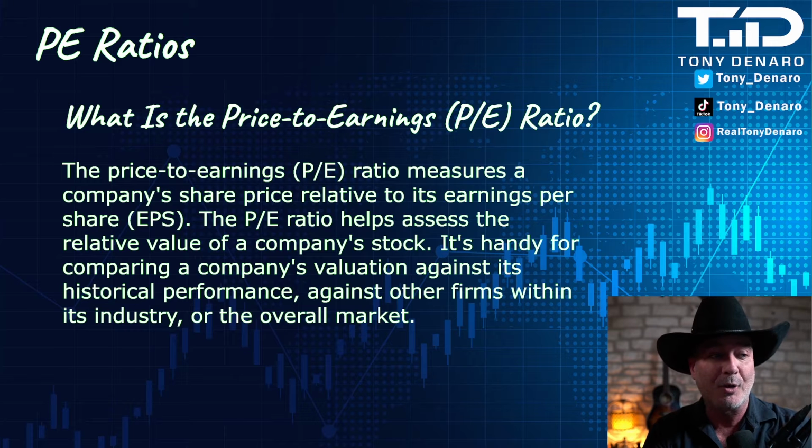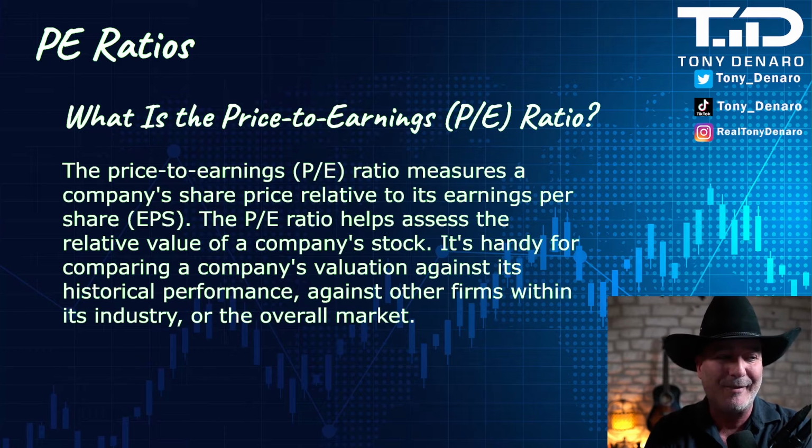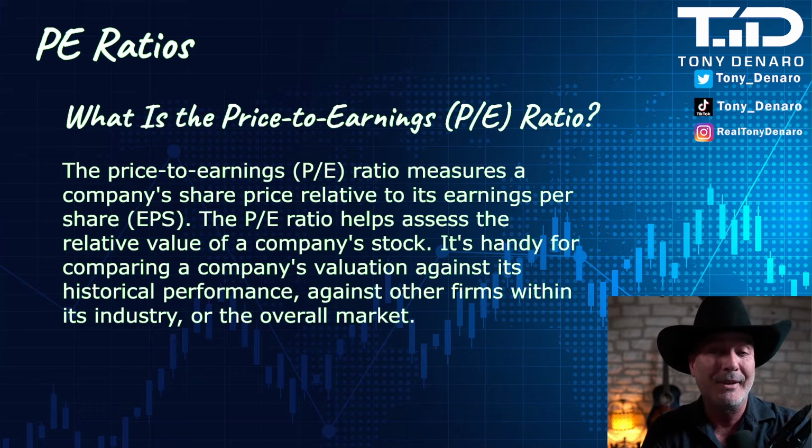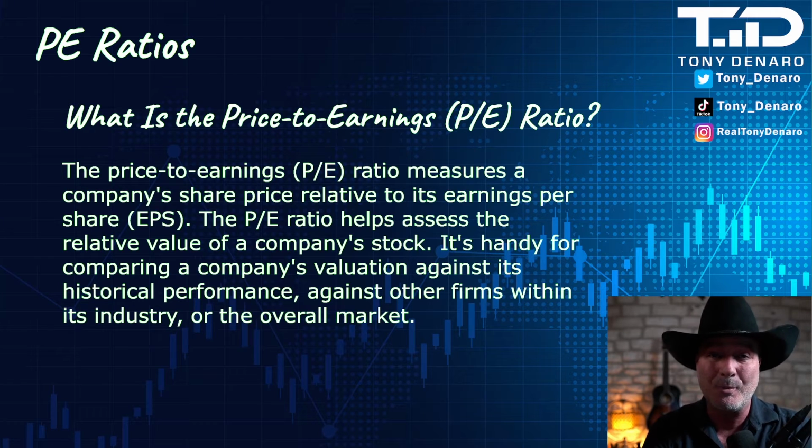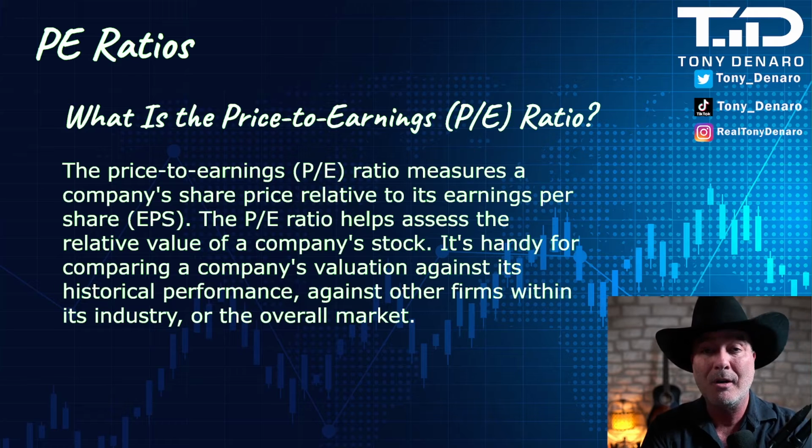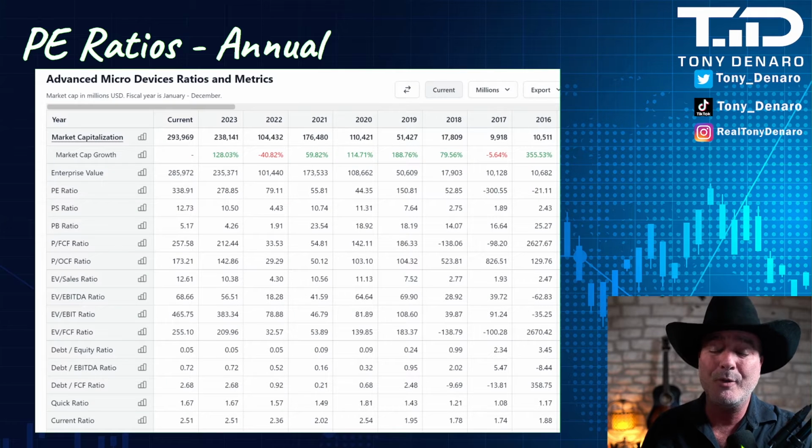The PE ratio helps assess the relative value of a company's stock, and it's something that we often use. I use it almost every day. It's handy for comparing a company's valuation against its historical performance and against other companies within the same industry or the overall market. We use PE ratios to evaluate profitable companies.